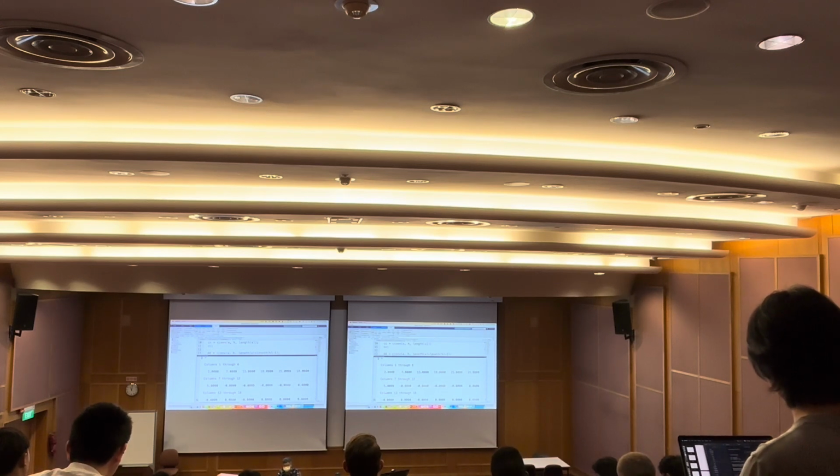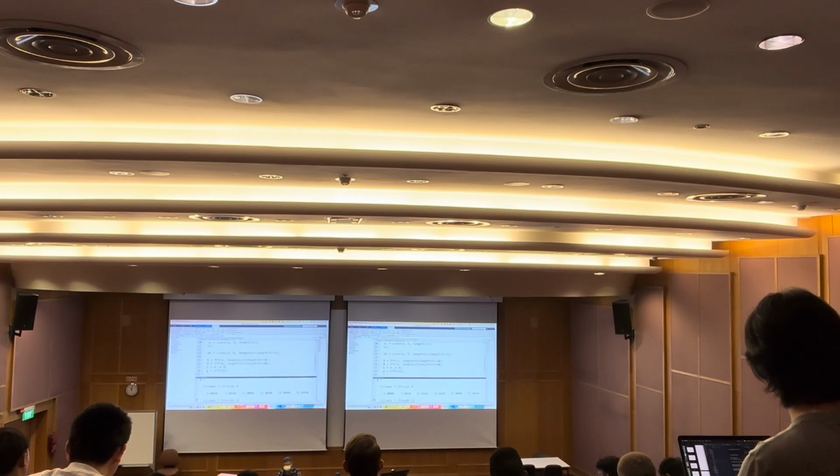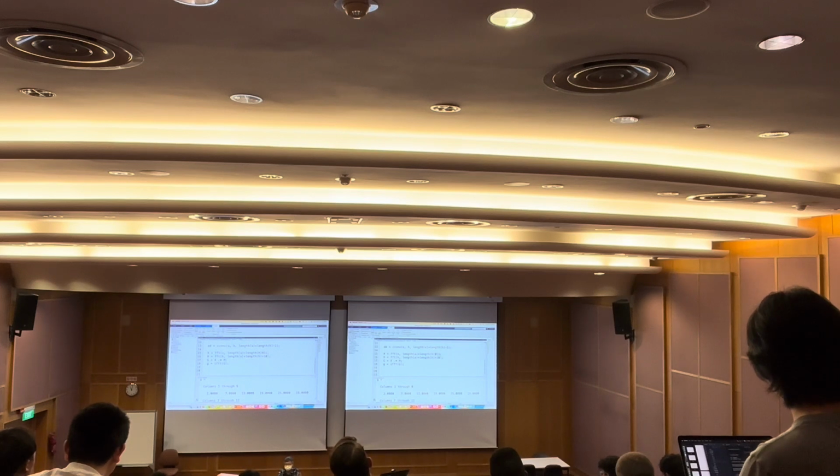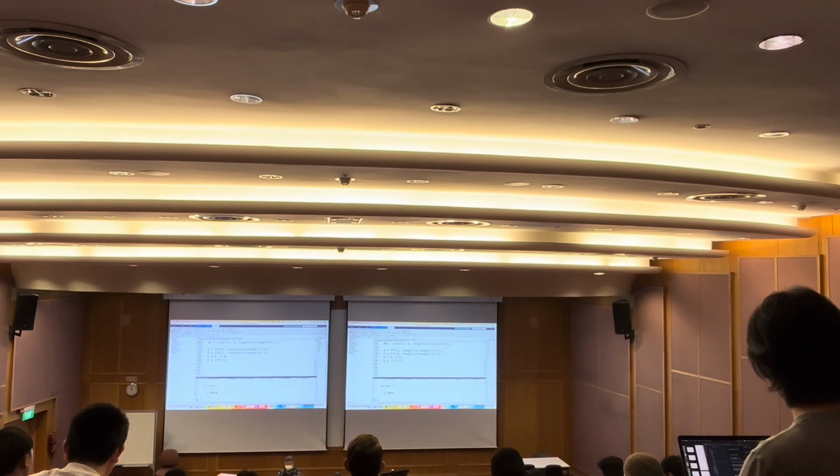So let's do the minimum way, which is minus 1 here. And then you get the answer you want, the same as the linear convolution result.